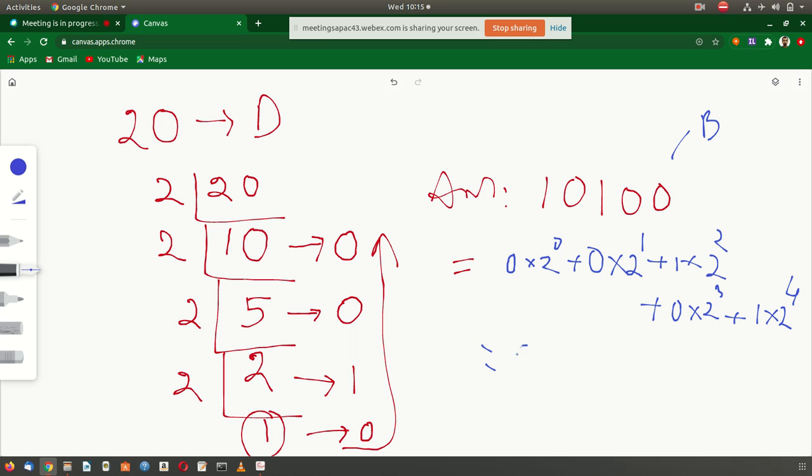So 0 into 2 to the power 0 is 0 into 1, plus 0 into 2 to the power 1 is 0 into 2, plus 1 into 2 to the power 2 is 1 into 4, plus 0 into 2 to the power 3 is 0 into 8, plus 1 into 2 to the power 4 is 1 into 16.